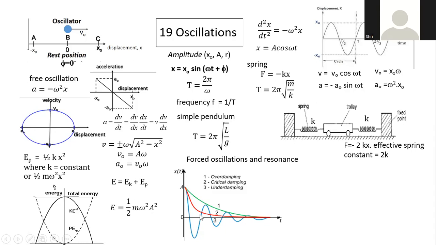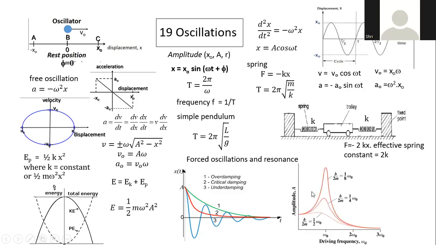Critical damping should go down. So this one is wrong already. Lightly damped or under damped, the amplitude will decrease. And then this is resonance or forced oscillation, amplitude against driving frequency. The resonance frequency and natural frequency must be the same. That one is heavy damping, least lightly damping.